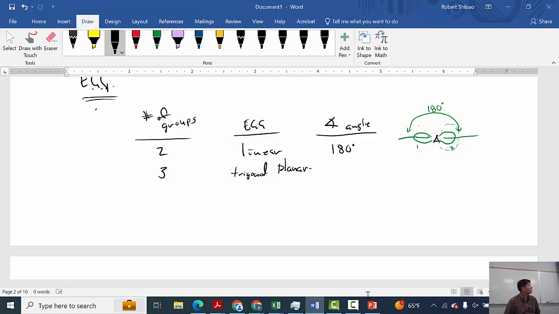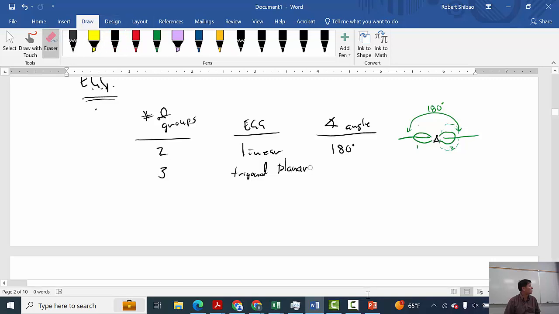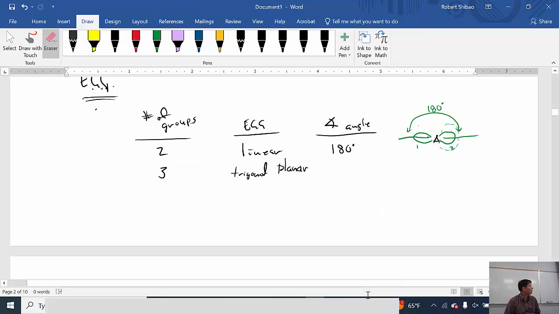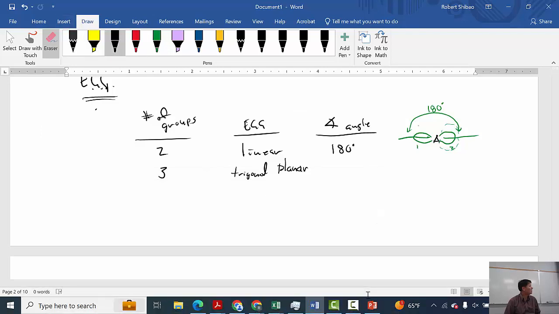Okay, now if I put 3 balloons, then it's going to adopt a trigonal planar. Planar is P-L-A-N-A-R, no E. Trigonal planar.